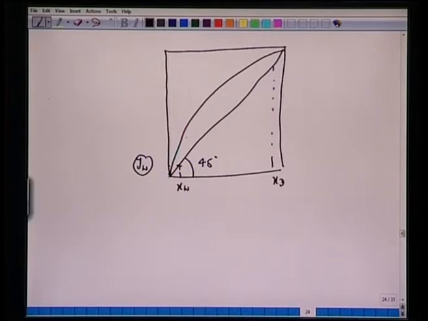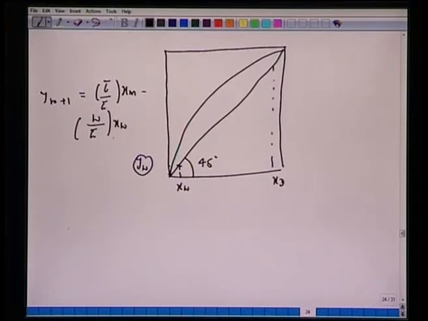Alright, so the equation of operating line for this, let's rewrite here: ym plus 1 equal to L bar over G bar, which is a constant, xm minus W over G bar xw. So with this slope of L bar by G bar, and from yw xw, because this coordinate satisfies this operating line, we can draw this operating line. So this is the operating line for a stripping section.